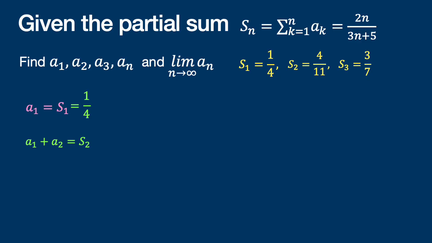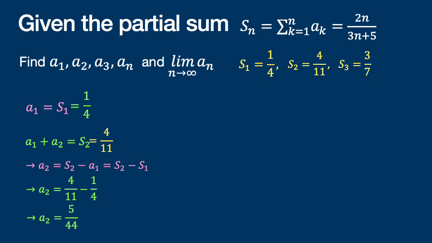We know A1, so we find A2 is S2 minus S1. That's 4 over 11 minus 1 over 4, which gives 5 over 44. That's A2. Guys, just look for the pattern.